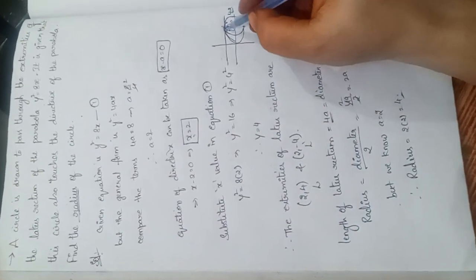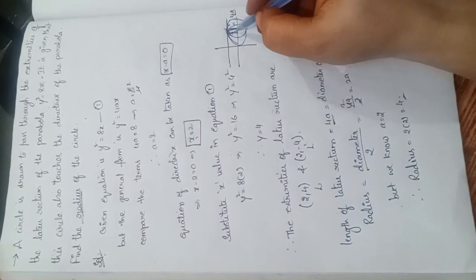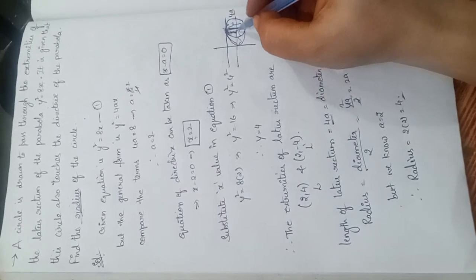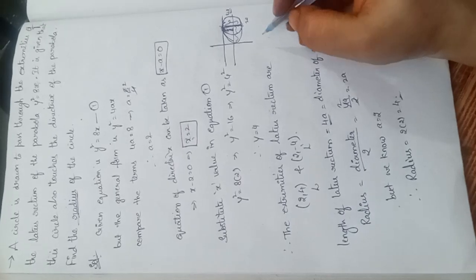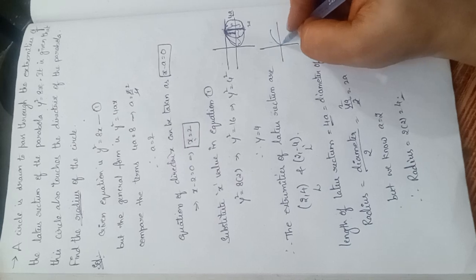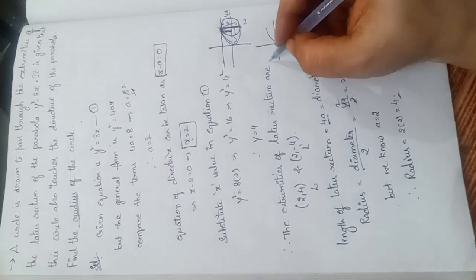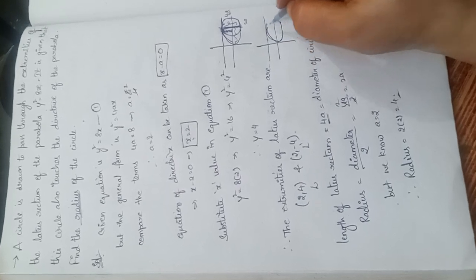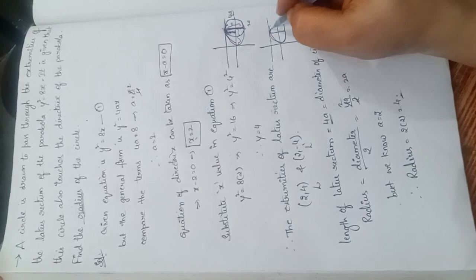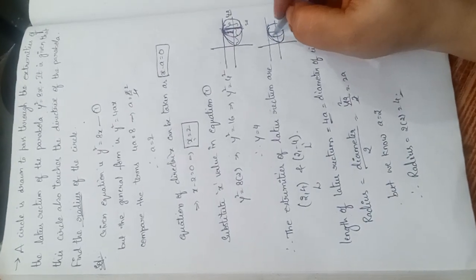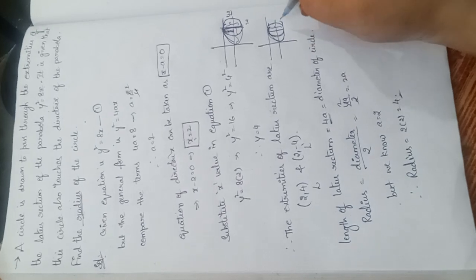Understood? Otherwise, you can take from here to here, what is the distance? This is 2 and this will be 4, right? What I am saying, are you able to understand? If you take this, and this is the directrix, this is the latus rectum, and the circle is like this.